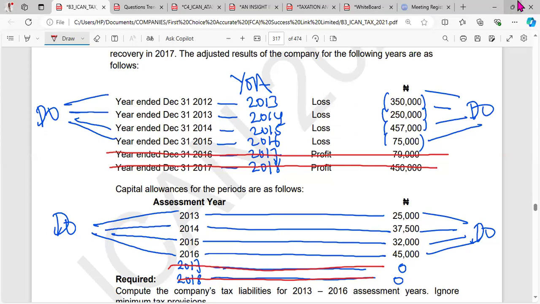In our next class, we are going to see how we can treat tax liabilities. It means that in our next class, we'll be combining our knowledge of basis period, capital allowances, loss relief into solving a question.